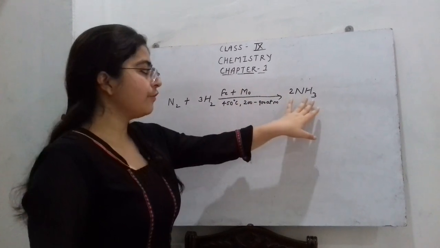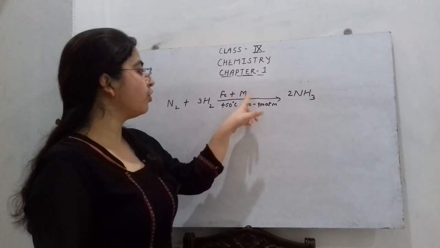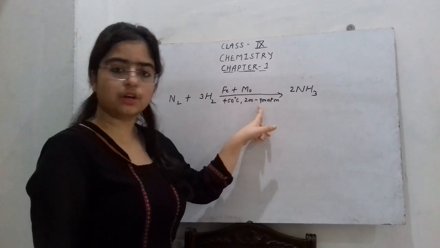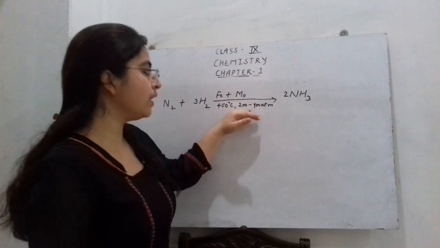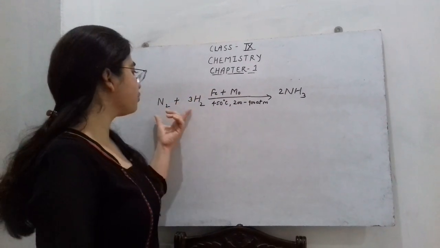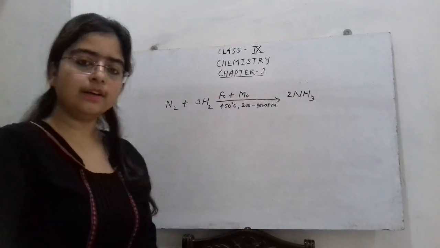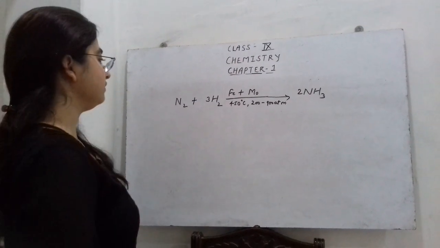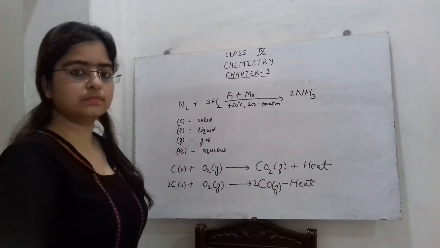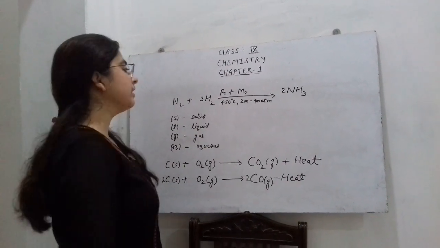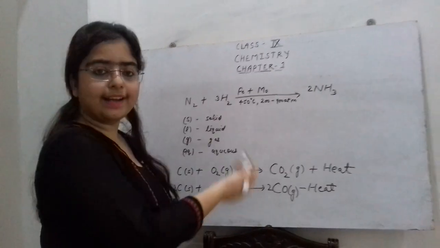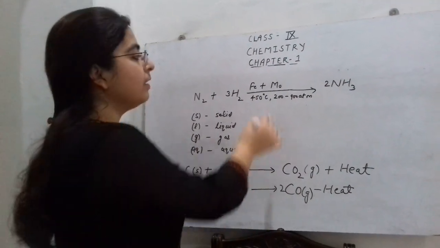So in the manufacture of ammonia, the catalyst, promoter, temperature and pressure, all of this information can be written above or below the arrow which is used to separate the reactant side and the product side. As I have told you, we can write the information regarding the promoter, catalyst, temperature and pressure below or above the arrow line.